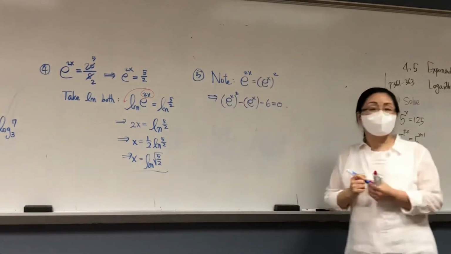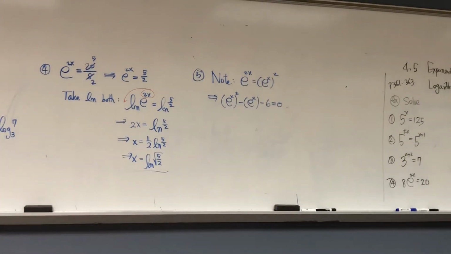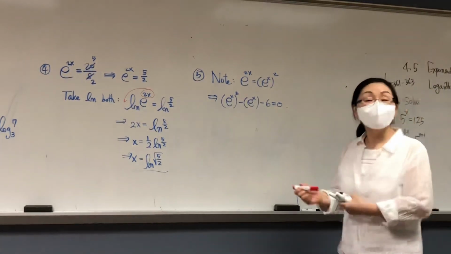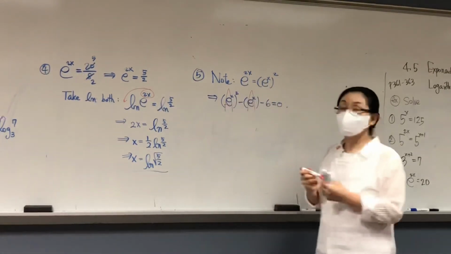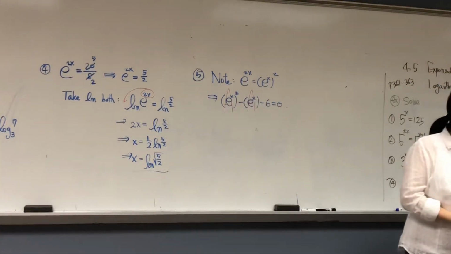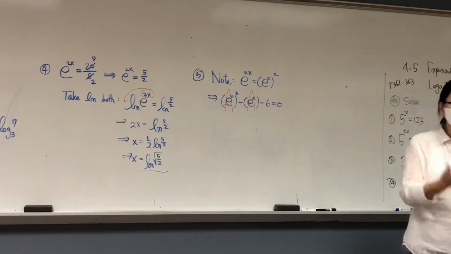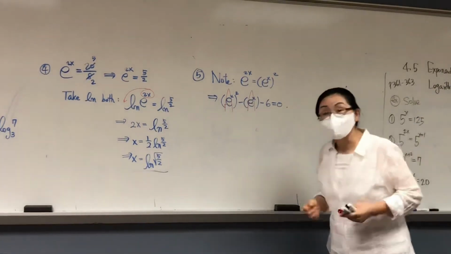If e to the x is like a, then it looks like a what? Quadratic. Good. And we factor it, am I right?